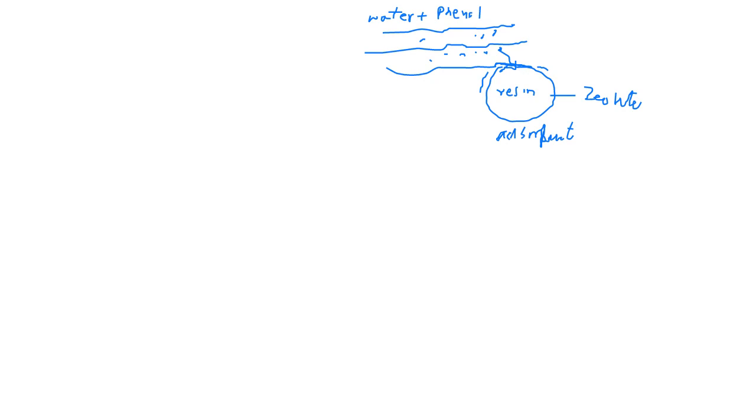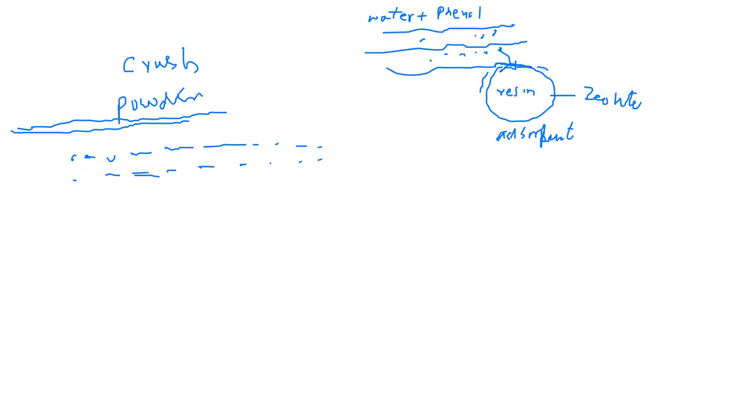But if I crush this or make it a powder form, it can now be spread over a large area, so whatever stream is passing through it has a bigger surface area. So you make it a powder.